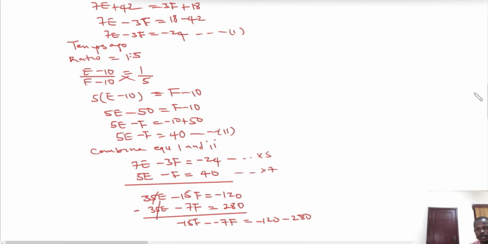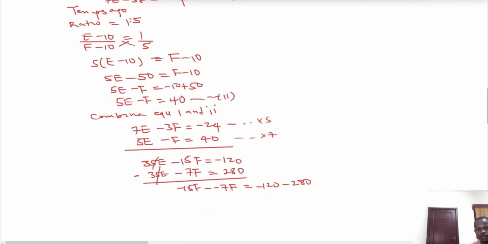So we continue solving. We're going to have minus 15F plus 7F is equal to minus 120 minus 280, which gives you minus 400. So we have minus 15F plus 7F, which is minus 8F, is equal to minus 400.